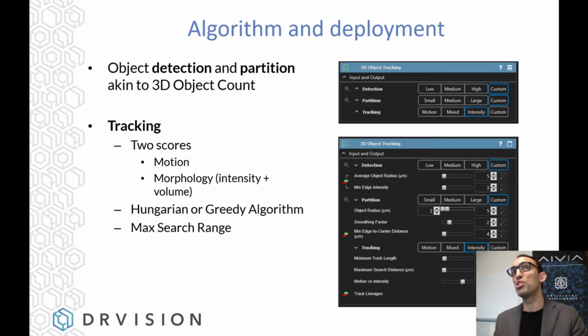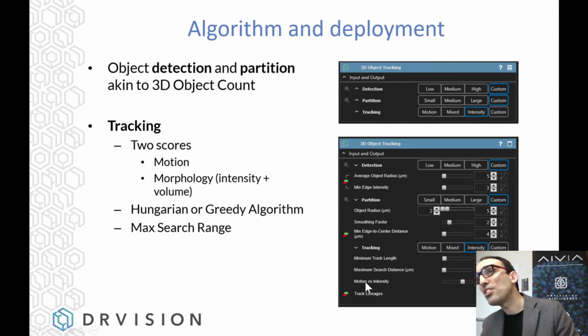But we have a second one, which is morphology. The morphology is a merge of a factor between intensity and volume. So if an object is changing its direction a lot, but keeps its intensity and or volume while it's changing its directionality, we can still track it. And the user gets this slider here, and you can weigh your preference.